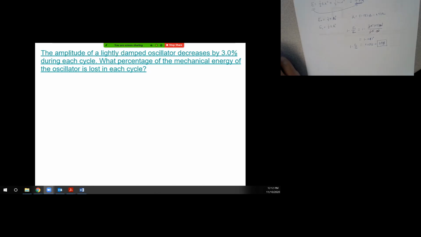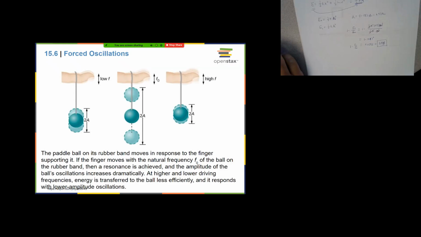All right, if you guys are clear, we can move on. On the other hand, you can force oscillation. You can give a driving force in addition to the oscillation, like using your finger. It depends on the frequency at which you are driving.